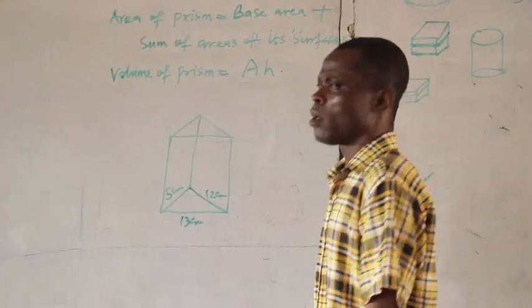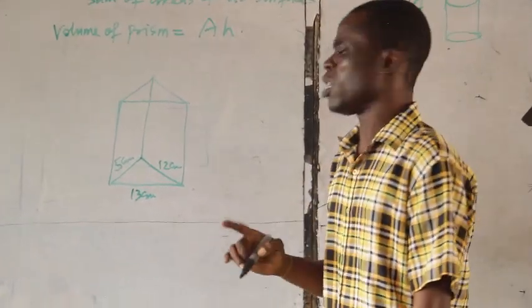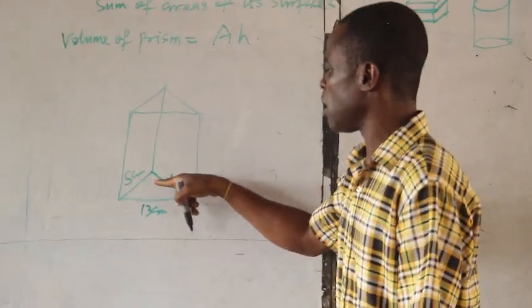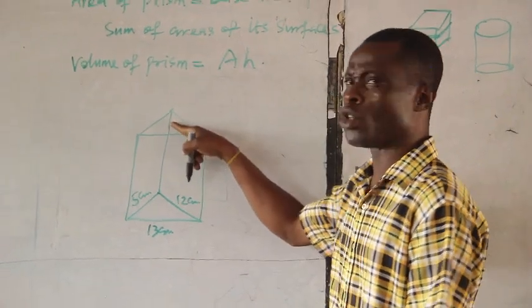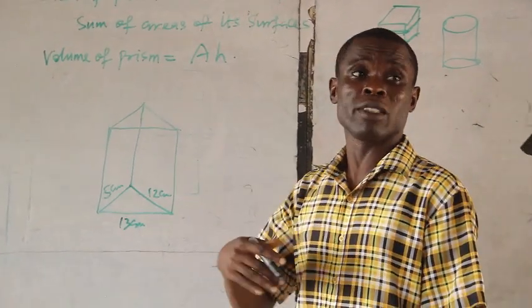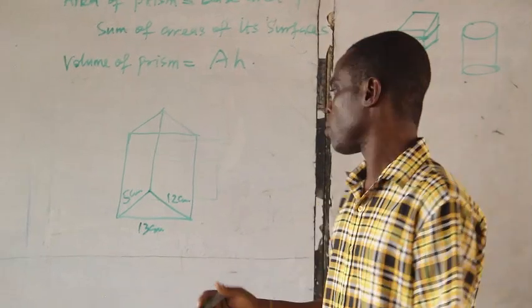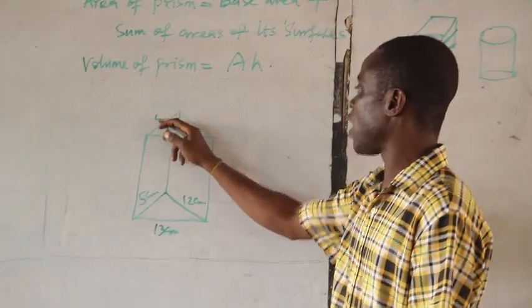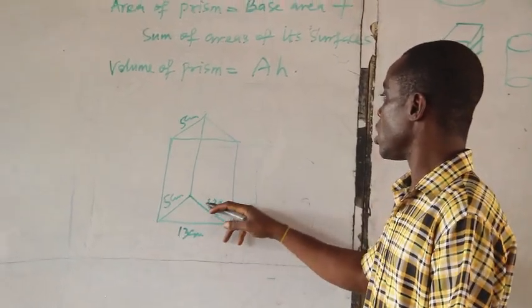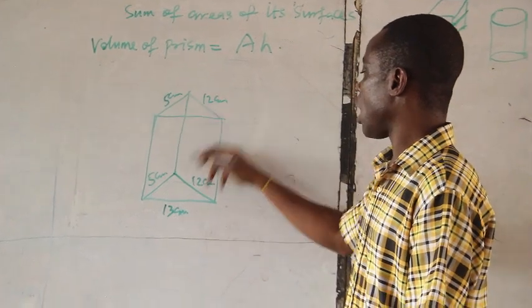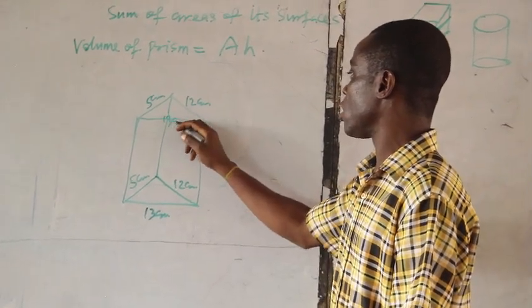The reason why we call it prism is because this is a triangle, while this one too is also a triangle of equal dimension. So this is 5 centimeters, this is 12 centimeters, and the third one is 13 centimeters.